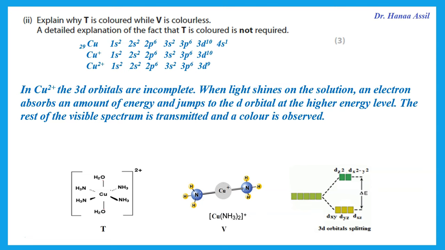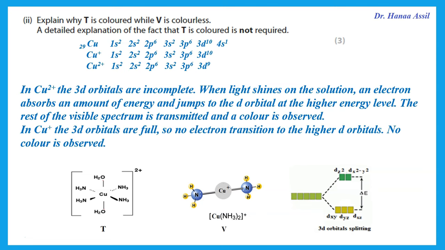When light shines on the solution, an electron absorbs an amount of energy and jumps to the d orbital at the higher energy level. The rest of the visible spectrum is transmitted, so we see a color. While in copper plus 1, the 3d orbitals are full, no electron transition to higher d orbitals, so no color is observed.